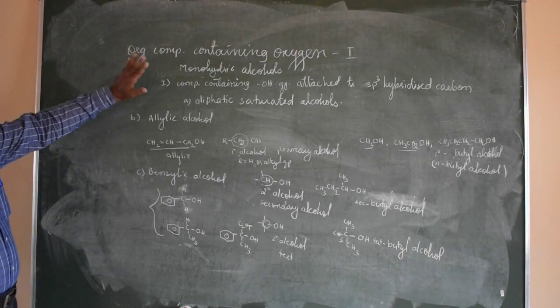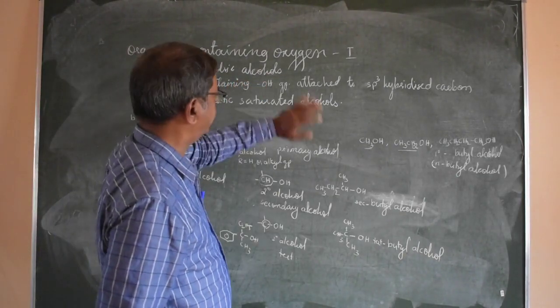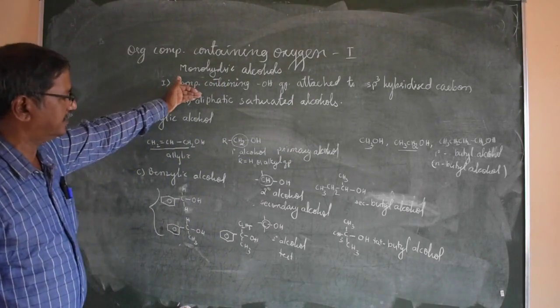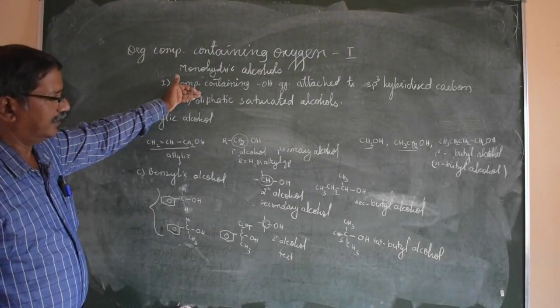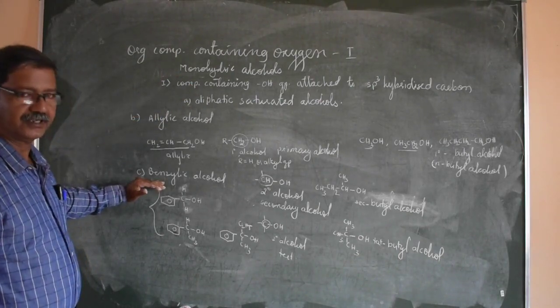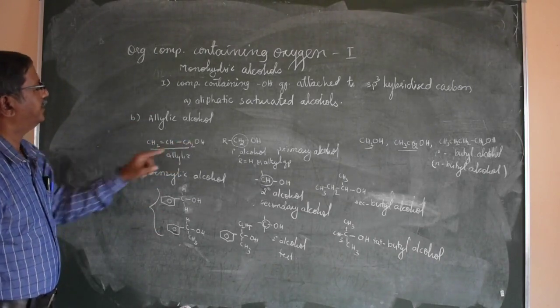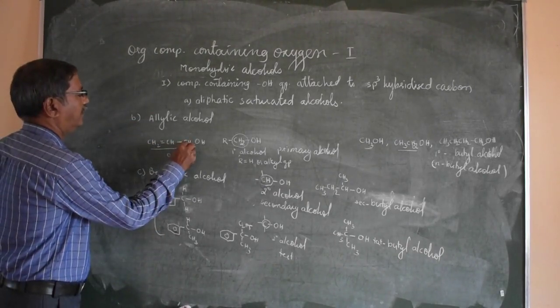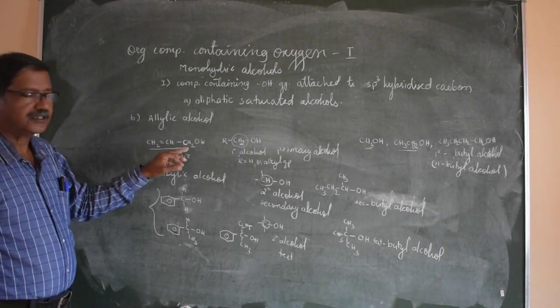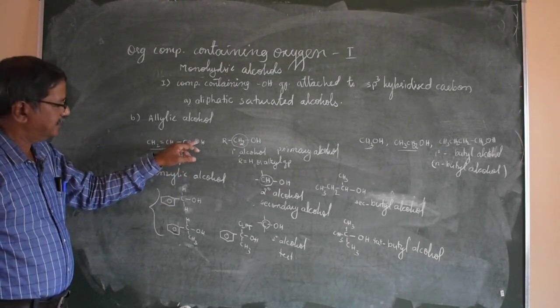So see, in the case of compounds containing OH group attached to sp3 carbon, we have aliphatic saturated alcohols, then allylic alcohols, then benzylic alcohol. You see, in all these cases, OH group is attached to the carbon which is saturated, or its valence is satisfied.